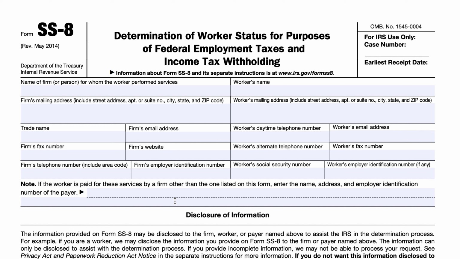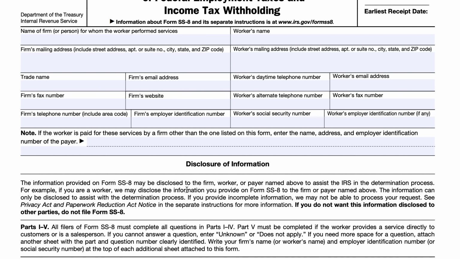And of course, there are warnings from the IRS. I'll point a couple of them out. First, if you don't provide complete information, the IRS might not be able to process your request. In bold ink, if you do not want this information disclosed to other parties, wink wink, including your employer, don't file this form.